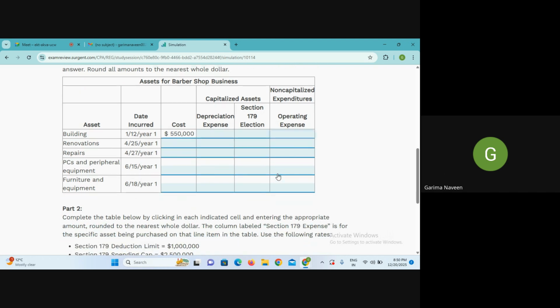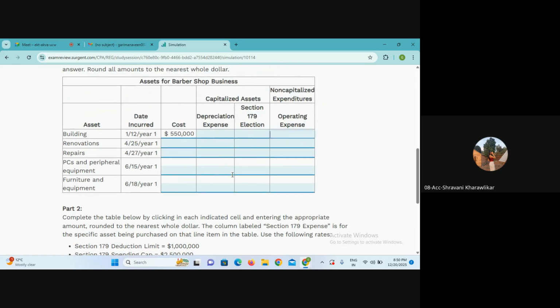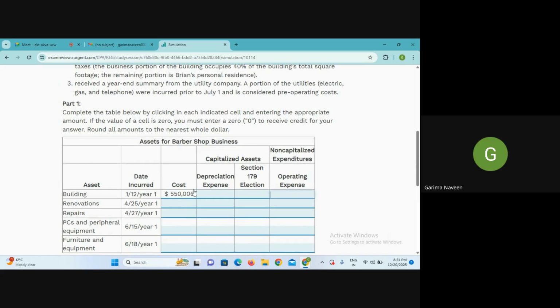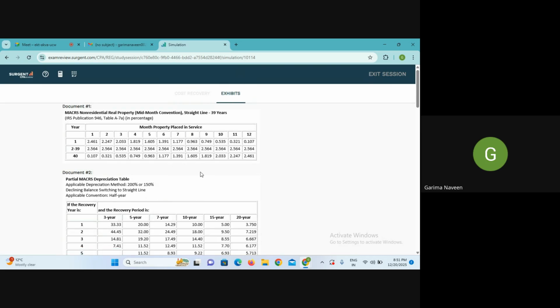Yes, 179 election is for year one only. Ma'am, for depreciation expenses, is there any percentage given? No. Basically, for tax purposes, you should use MACRS depreciation. So MACRS tables are given here.